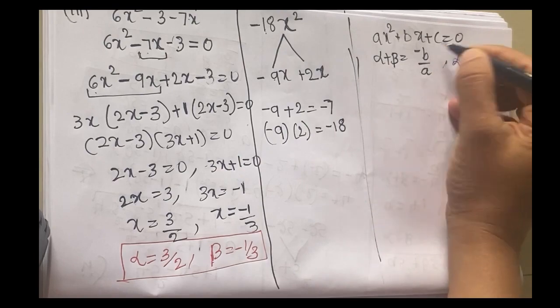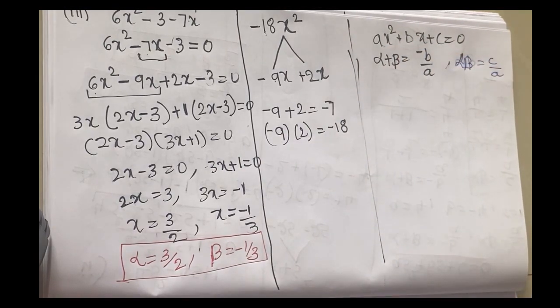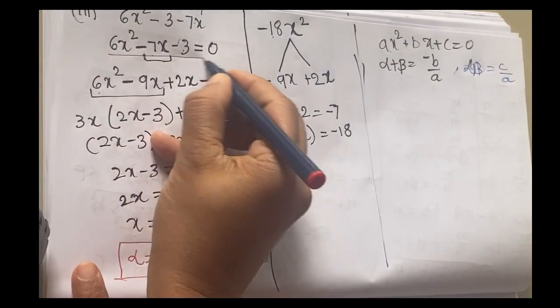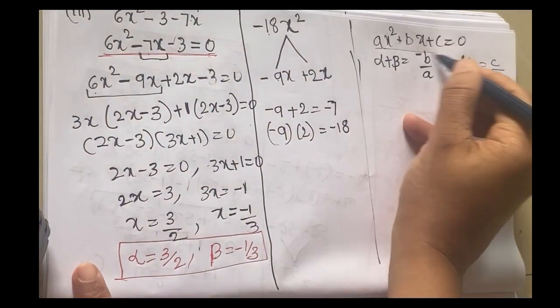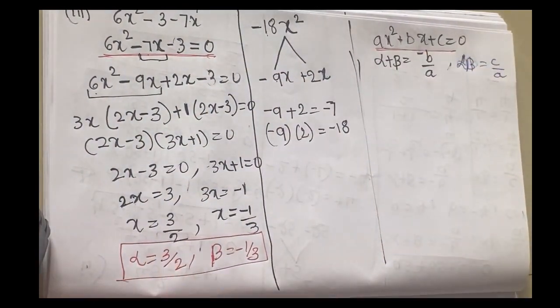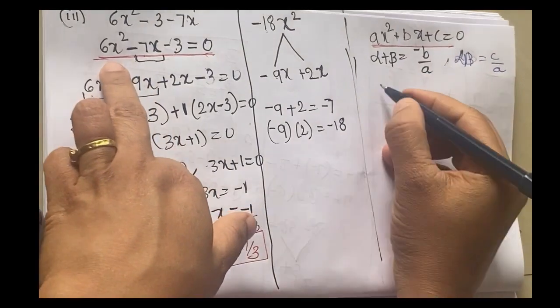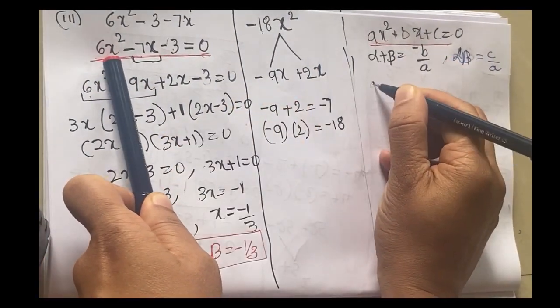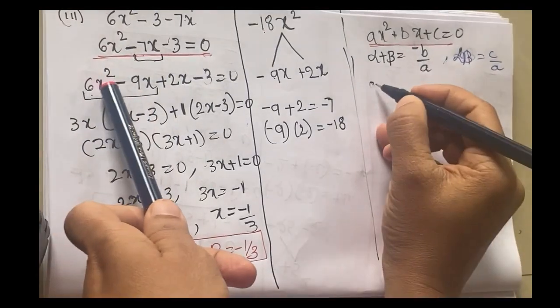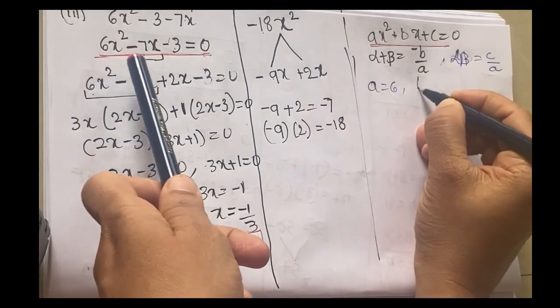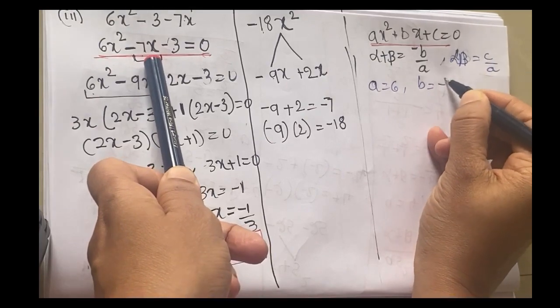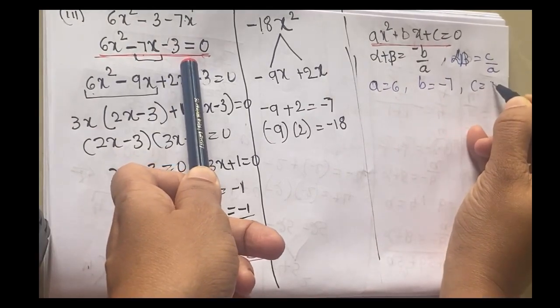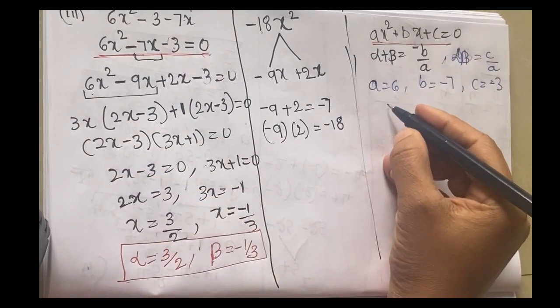When I compare this equation with the standard form, a, the x square coefficient, is 6, b, the x coefficient, is minus 7, and the constant term c is minus 3.